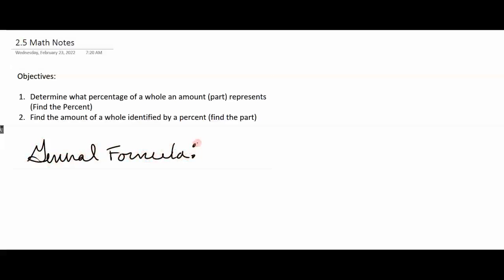Percent, let's write it like this, times the whole equals the part.